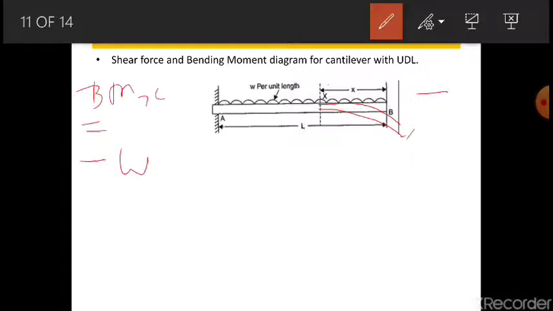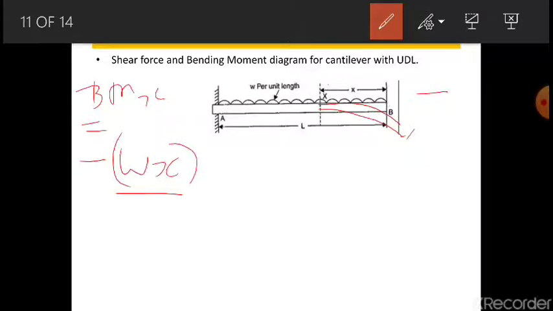Okay, it is minus w, that is the load, into x, because of the x distance. The whole is considered as load, because the load which is given as UDL is for the per meter length. So if you want to calculate, the load into distance is necessary.